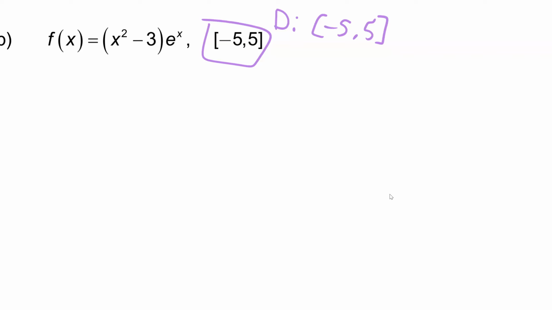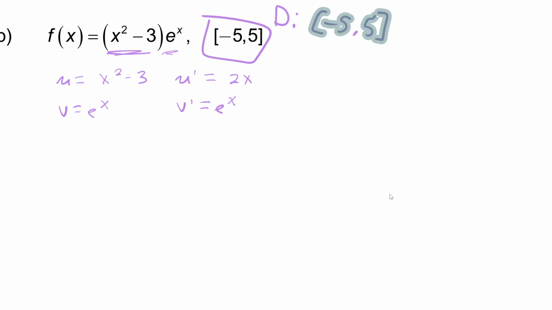It's product rule, because we have one thing multiplied by another. So now u equals x squared minus 3, so the derivative of this would be 2x. v is e to the x, so v prime is e to the x, itself.